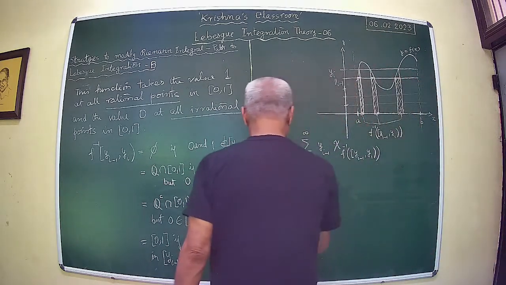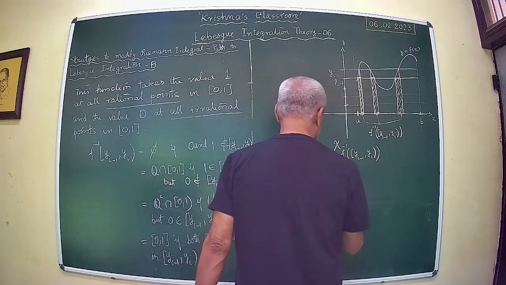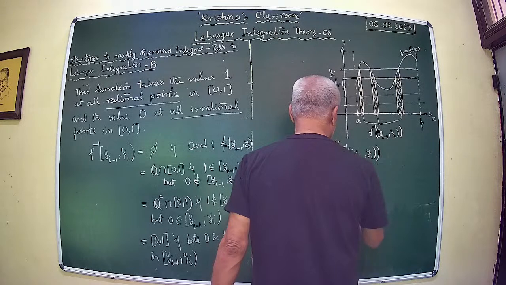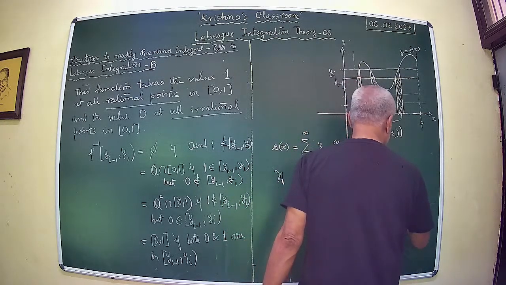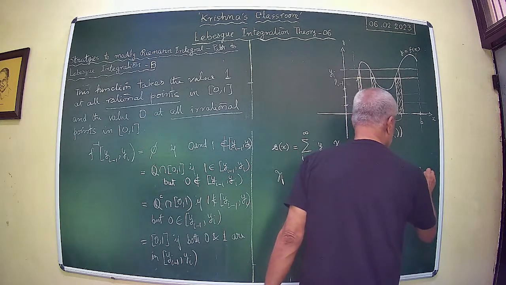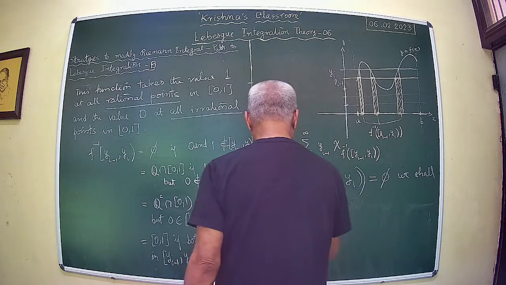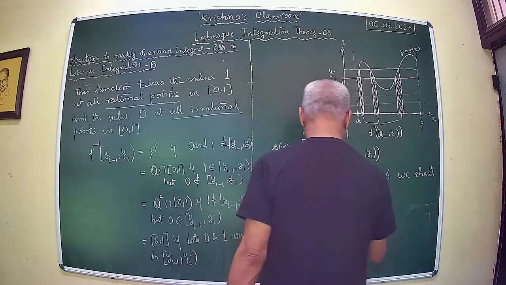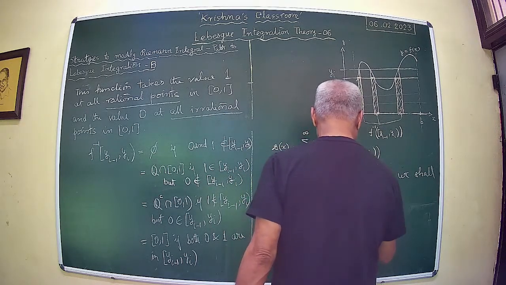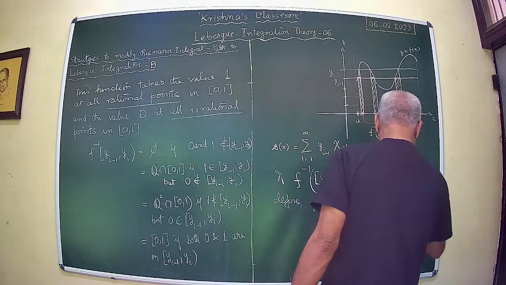If F inverse of the interval is empty, we shall define the length to be equal to 0.